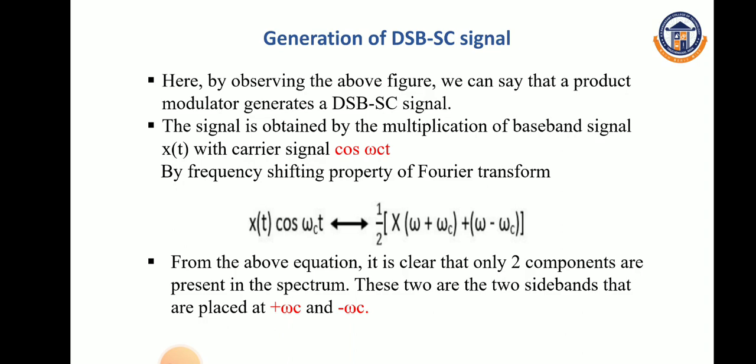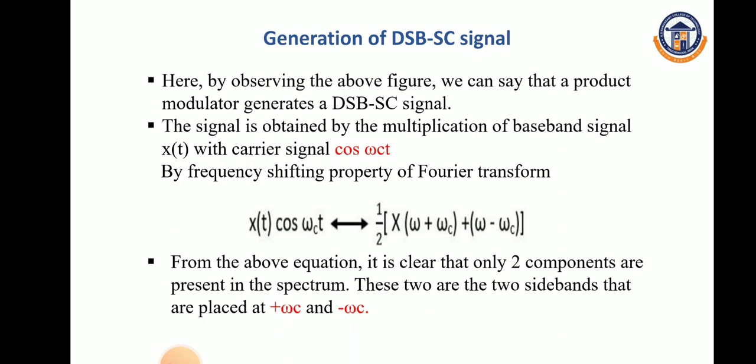By using the frequency shifting property of Fourier transform, you will get x of t cos omega c t is equal to 1 by 2 [X of omega plus omega c plus X of omega minus omega c]. You know that double sideband suppressed carrier means only the two sideband components are transmitted, right? As we discussed in this equation, only two components are present in the spectrum.